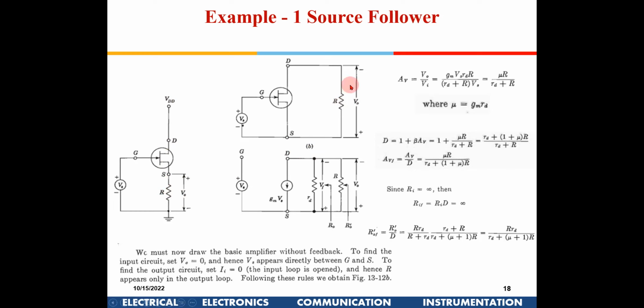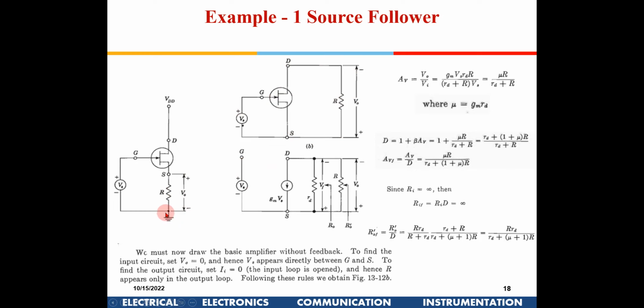Could you identify the input and output side? This is the input loop and this is the output loop in this circuit. Yes, sir, but we are taking output from this source to ground. This is no more ground here in this particular circuit.